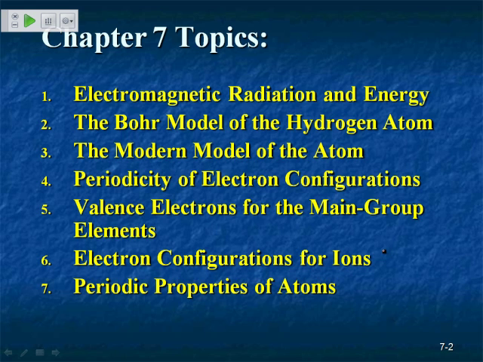Then electron configurations, basically how the electrons are arranged in an atom. We will look at some trends, periodicity, and then what we mean by valence electrons, for the main group elements only. Then we will look at the electron configuration for ions, because remember, ions have a different number of electrons compared to neutral atoms, and we will explore some more periodic properties of atoms.